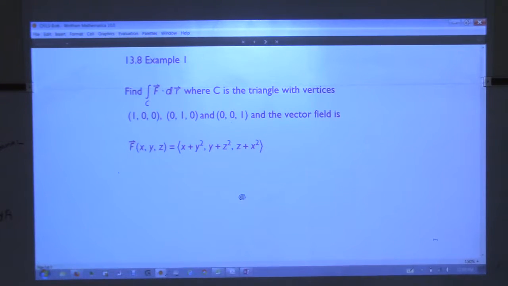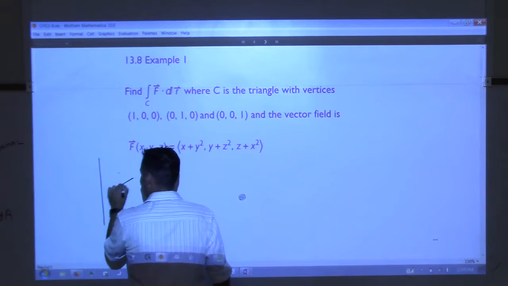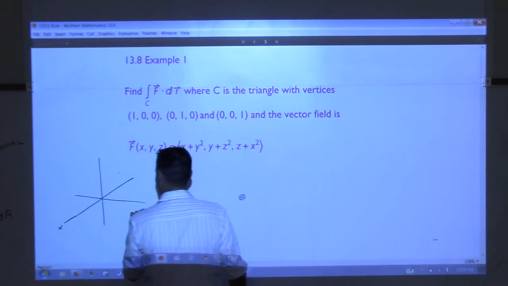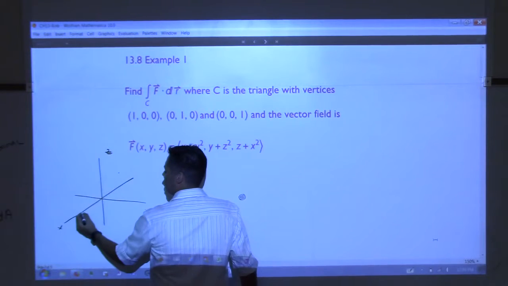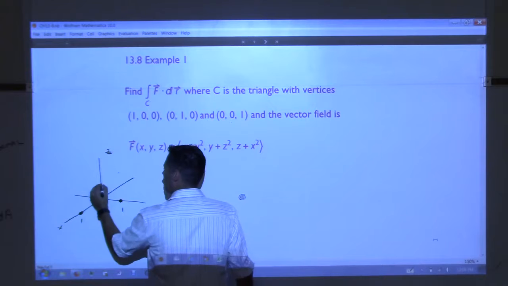So let's start by drawing our triangle in three-dimensional space. X, Y, Z should be out one on each of the axes and then connected together.